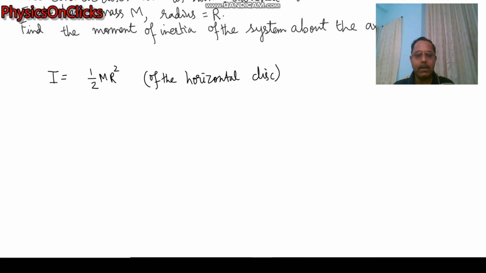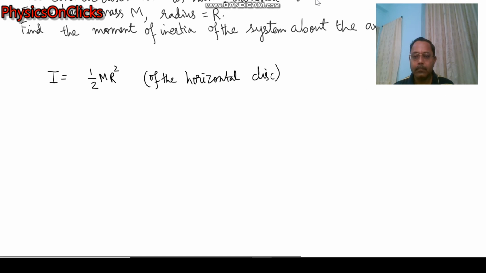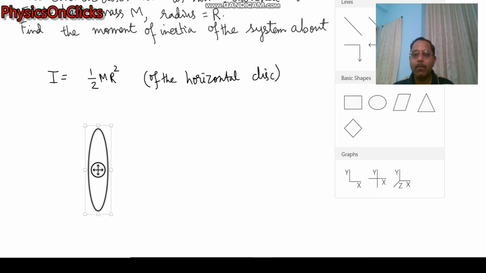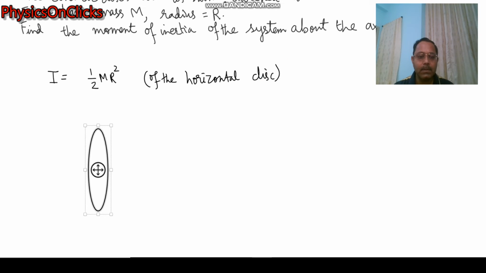So, let's take that vertical disk. Let's say this is the disk, and now we need to find out the moment of inertia about an axis which is perpendicular to the horizontal disk or parallel to this vertical disk about its diameter.